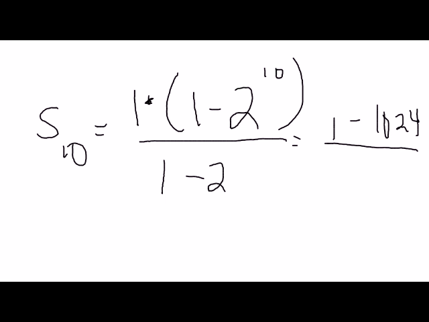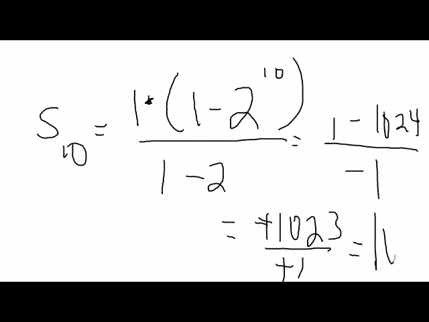So 1 minus 1,024 is negative 1023, all over negative 1. Negatives cancel, and this works out really easily, 2023. And that is the evaluation. That's it. That's the sum of those terms in this geometric sequence.